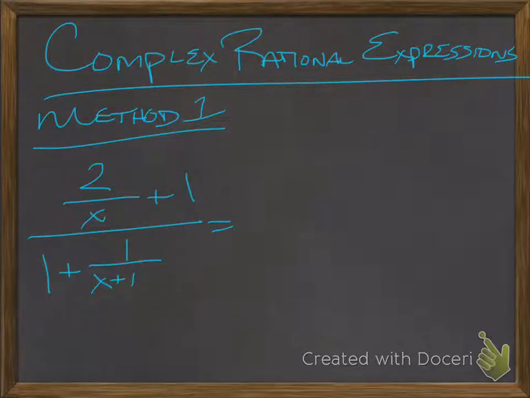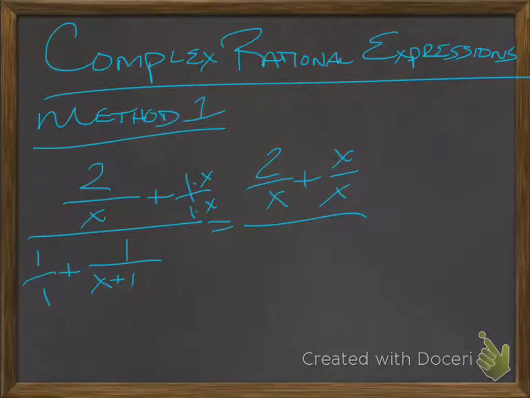So let's first simplify this top part, and that's going to be 2 over x. This is 1 over 1, so I've got to get common denominators. I'm multiplying by x to the top and the bottom, and that becomes x over x. I need to do the same thing over here.